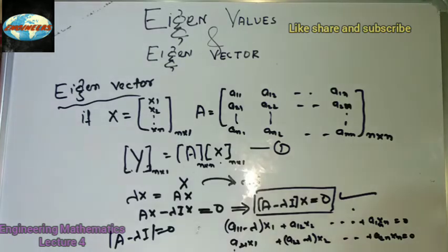That means if the coefficient matrix A minus lambda I is a singular matrix, and we know a matrix is singular if its determinant is 0, then this homogeneous system of equations has a non-trivial solution.